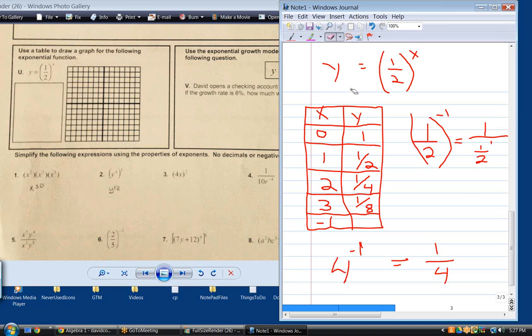Okay? All right. So in our case, we have 1/2 to the negative 1. Well, that's 1 over 1/2 to the positive 1. And what is that equal to? What is 1 divided by 1/2? How do we divide by fractions?